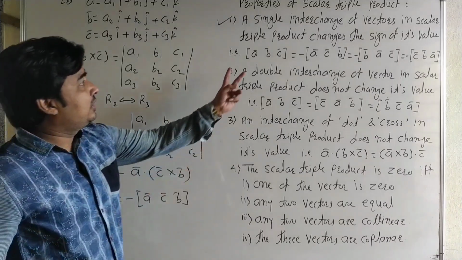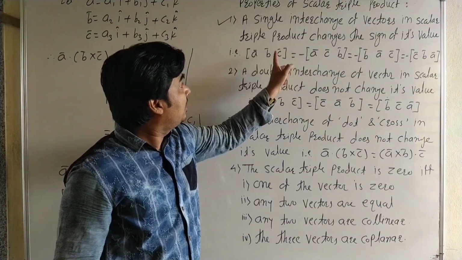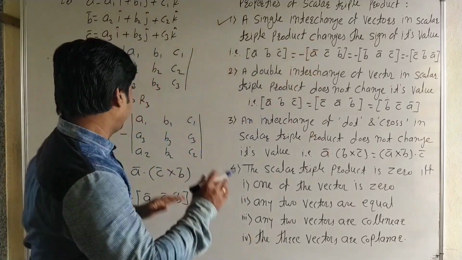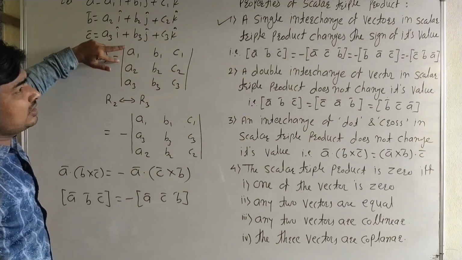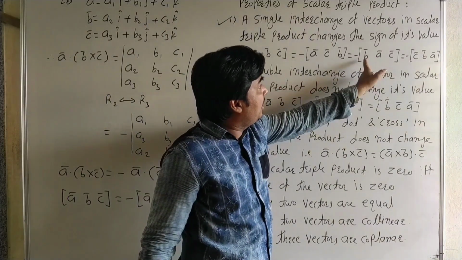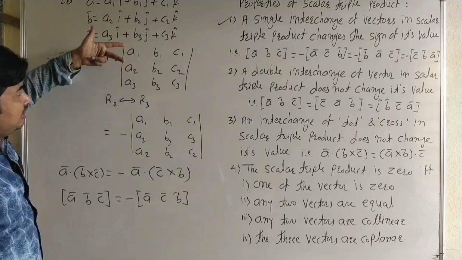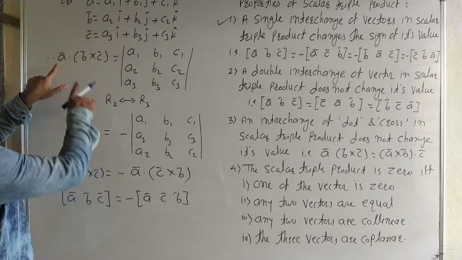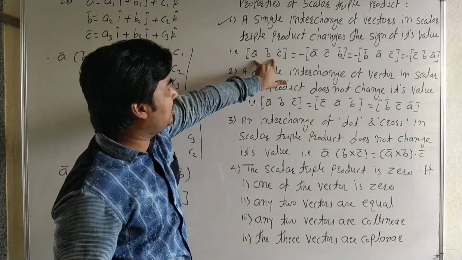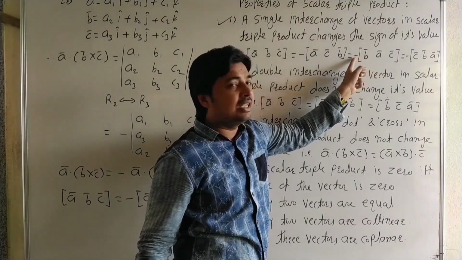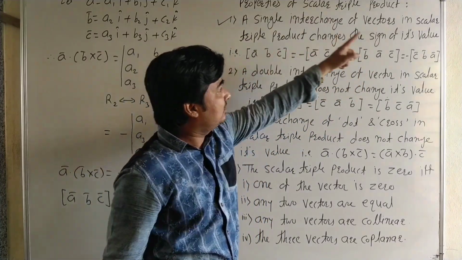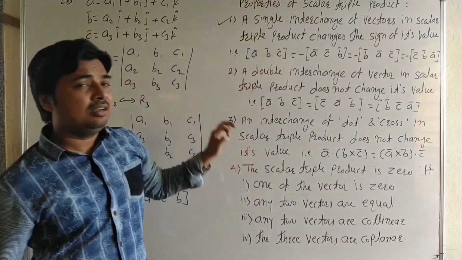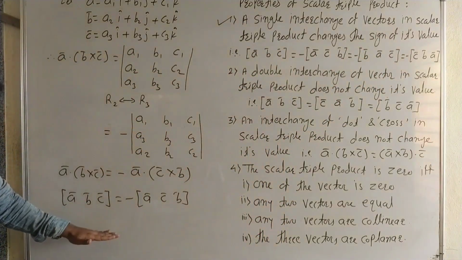In the original A, B, C, if we interchange B and C, the sign of the value changes. If we interchange A and B, that means the first row and second row, with the third as it is, then the sign is minus. Likewise if we interchange A and C with B as it is, a single interchange of vectors changes its sign.